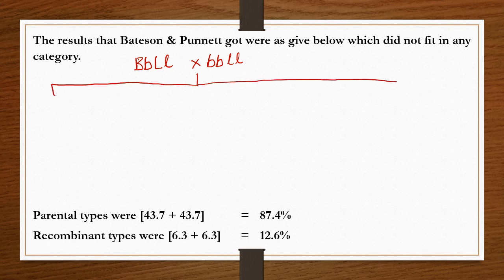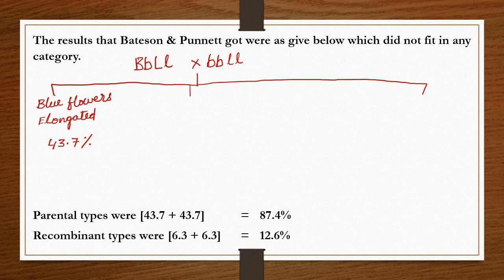One is blue flowers with elongated pollens, and it appears at 43.7%.